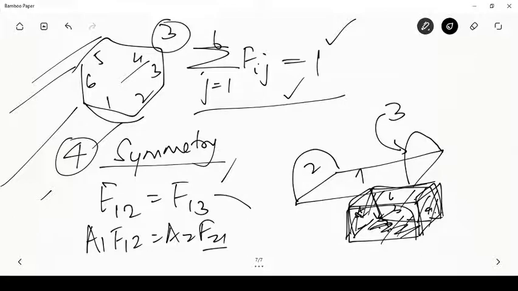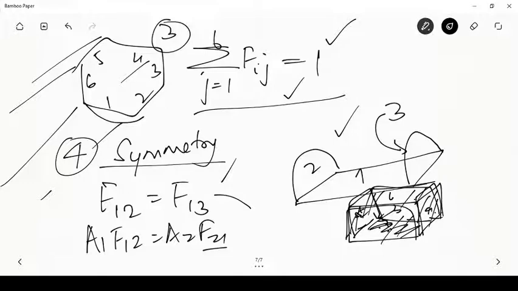So F12 is equal to A2 by A1 into F21, and F12 is also equal to A3 by A1 into F31, because F12 is equal to F13. Then we can also say F21 equal to F31 if A2 and A3 are equal in this particular case. So that is another way. So you can actually use these geometric manipulations to be able to get the various view factors.